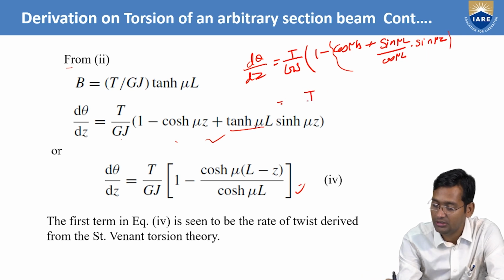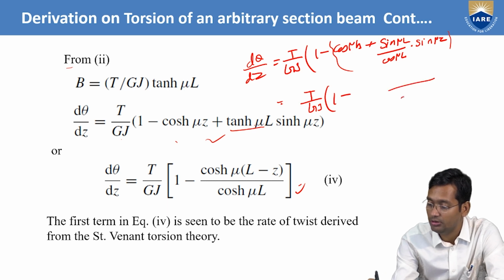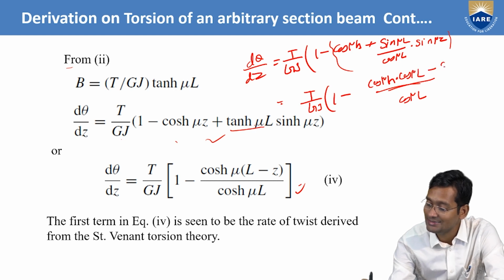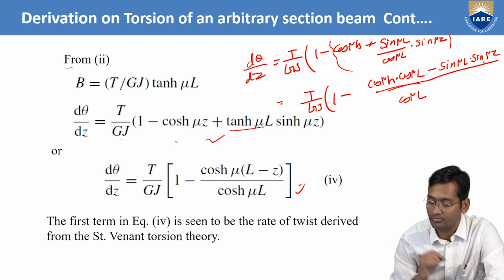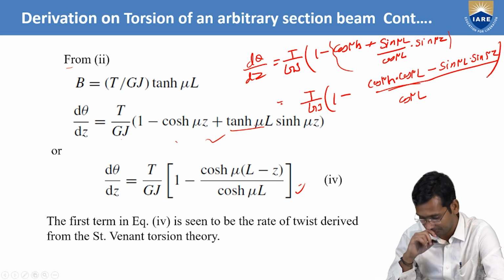So T by GJ, 1 minus, now after taking the LCM, this will be cosh μL in the LCM. And from here, this will be cosh μh into cosh μL minus sinh μL into sinh μz, right? This will be there.